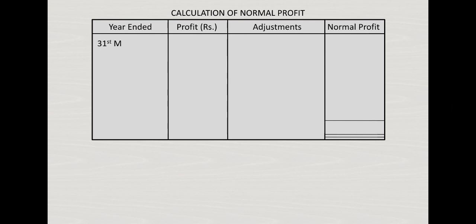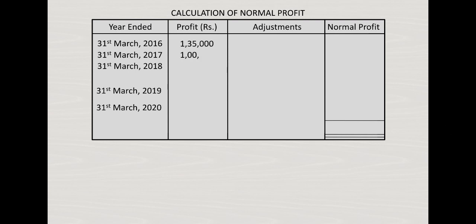Then write the year ended and profits given to us in the question as it is. Then our adjustments. First was an abnormal loss of rupees 15,000 in year ended 31st March 2016.